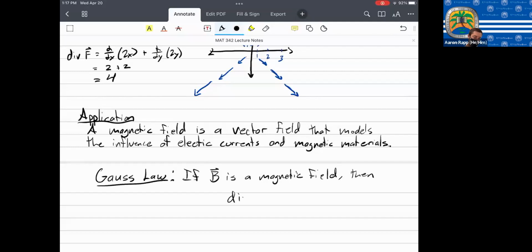Actually, usually the way you'll see Gauss's law depicted in physics texts is that the divergence of that field is zero. So if it is describing a magnetic field, the divergence is going to be zero.